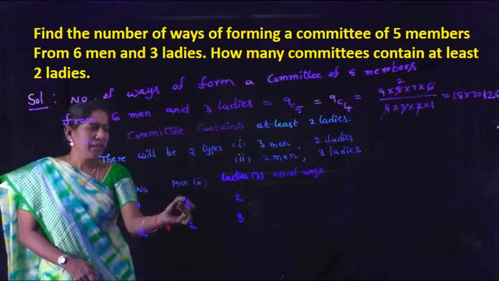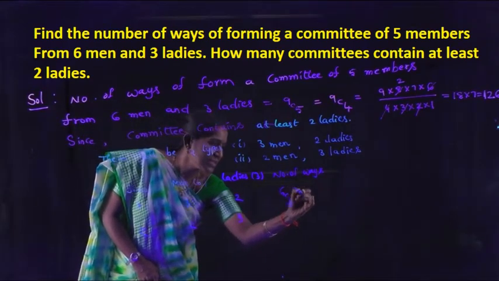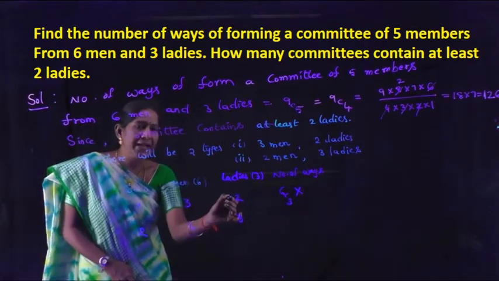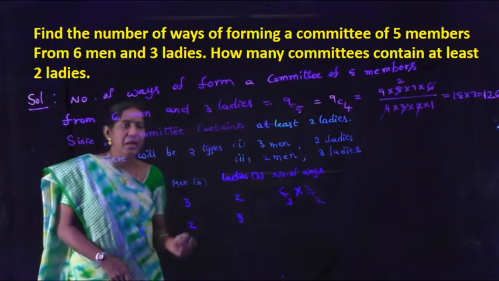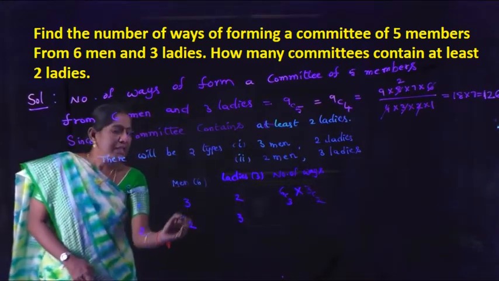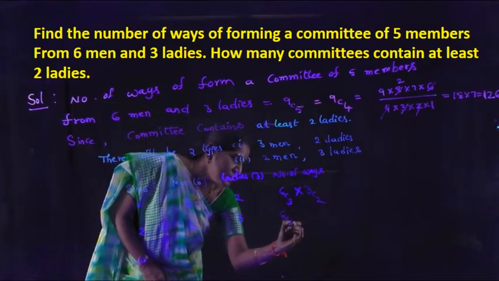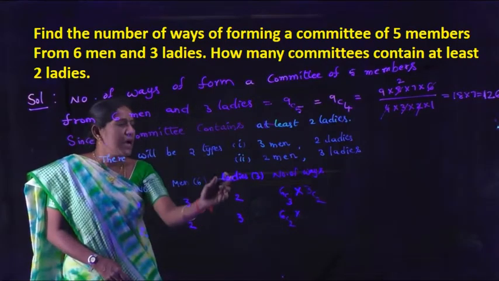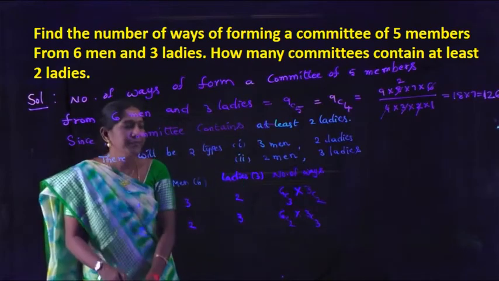Select 3 men out of 6 men in 6C3 ways, and multiplication will come. Select 2 ladies out of 3 ladies, 3C2. And the second one is select 2 men out of 6 men in 6C2 ways. Select 3 ladies out of 3 ladies in 3C3 ways.